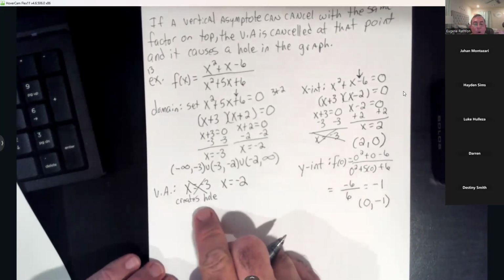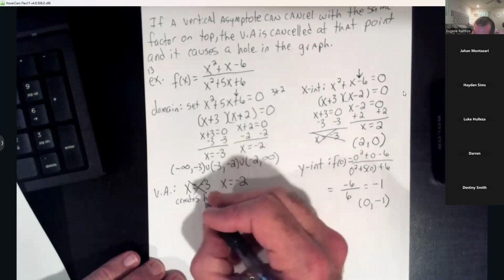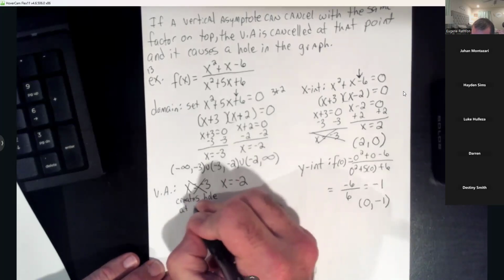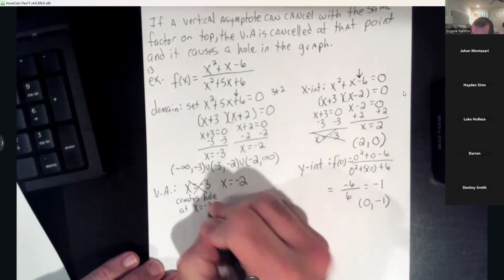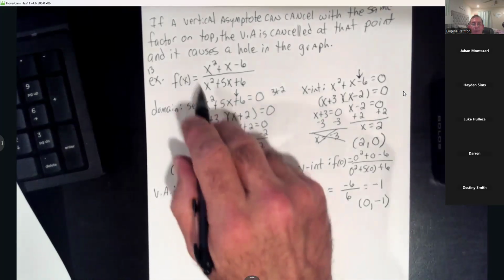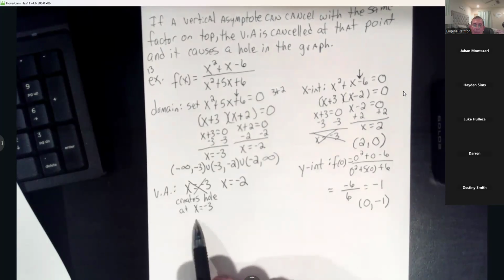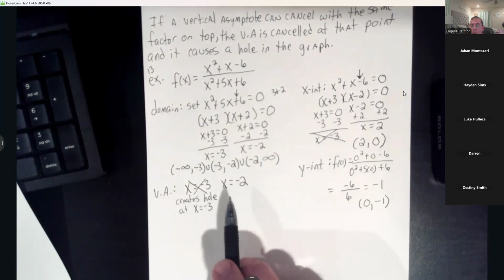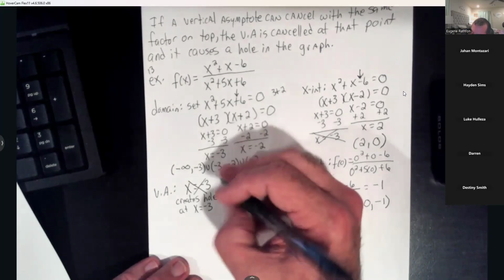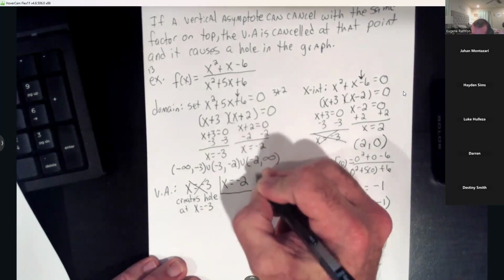So I'll have a hole in my graph at negative 3, but I will not have a vertical asymptote, okay? I'm just going to have a little hole at that point. So my only vertical asymptote will be x equals negative 2.